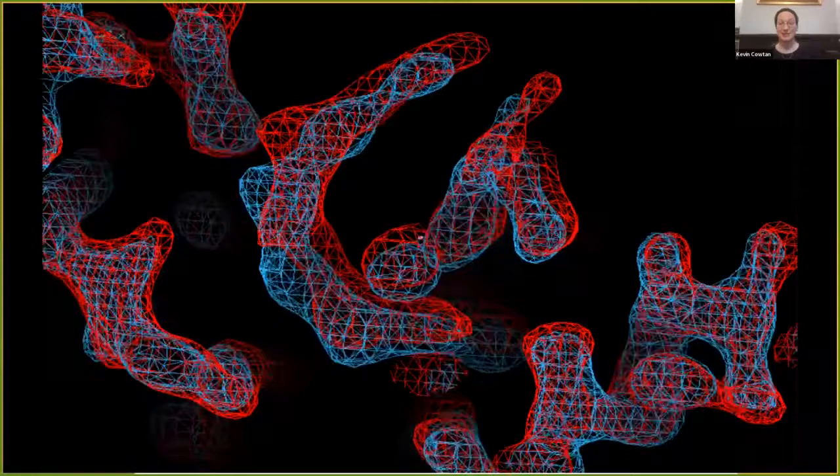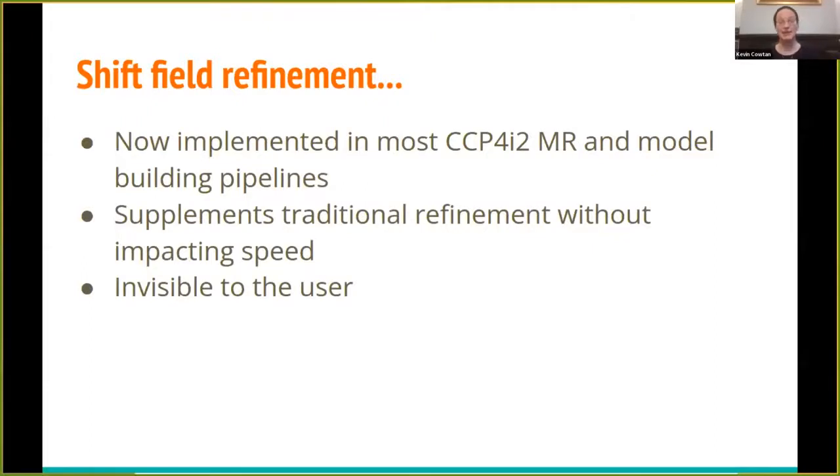So that's the method. It's implemented in most CCP4I2 molecular replacement and model building pipelines. So actually, you don't really need to know about it, and perhaps not having to make a choice as to whether it is used is a good thing. So one of the things I worry about is whether the software that we use is determined by how convincing the speaker is, rather than how appropriate the software is to your particular problem.